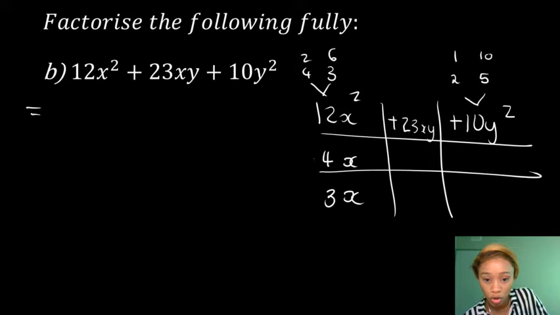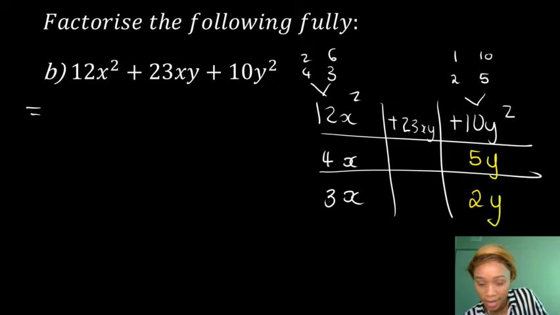These two, when they multiply each other, actually give us the 12x squared. That's what you want to have underneath the 12x squared. Now, on the other hand here, we will have 5 and 2, right? And y and y. Now, with this method, guys, you have to really be careful on how you put your numbers. You can't just put a 5 anywhere and a 2 anywhere.